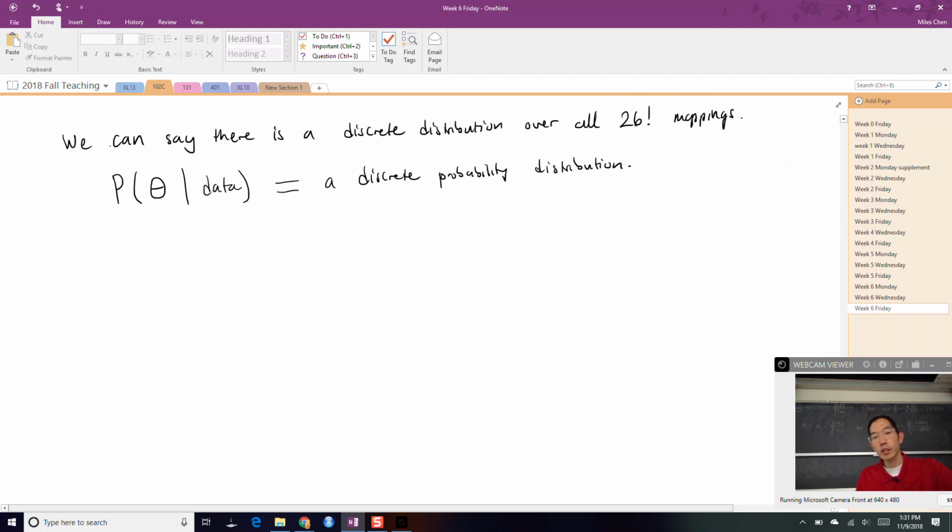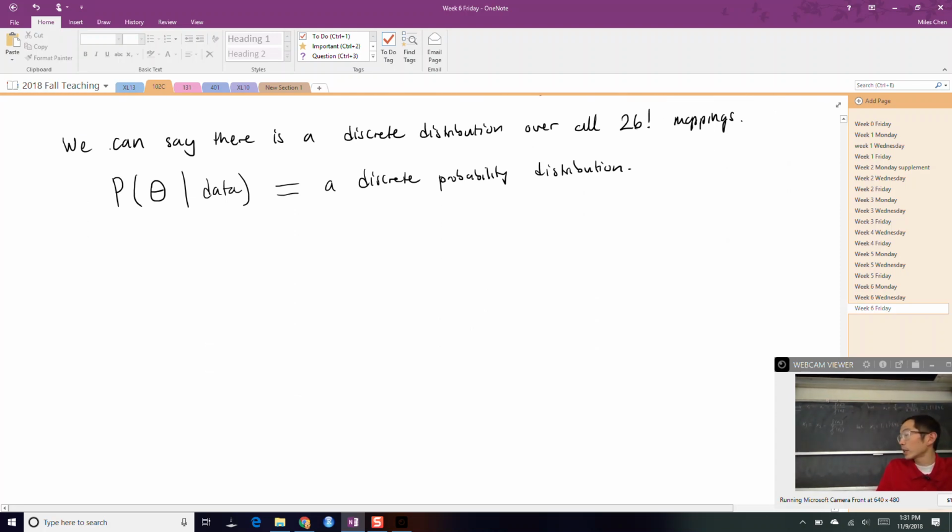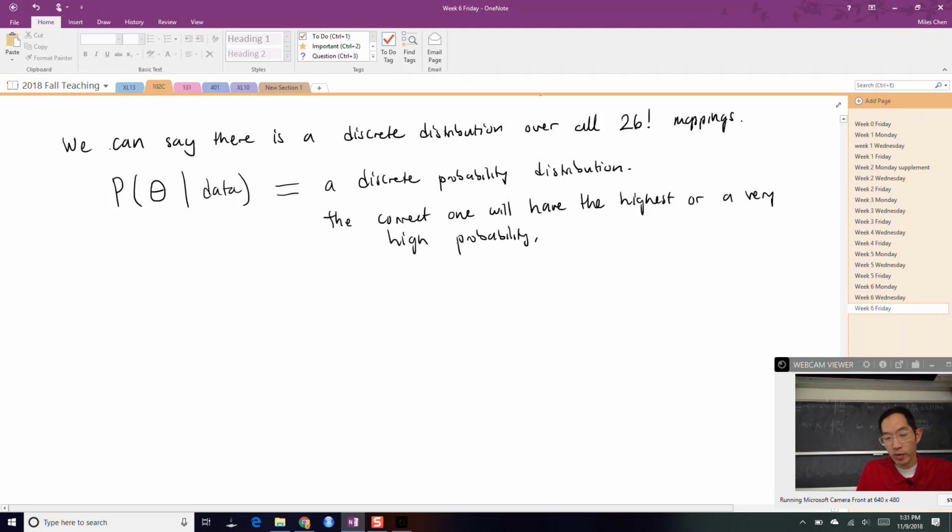And what we expect is that the correct one will have the highest, or at least a very high probability, and the ones that are wrong will have low probabilities, okay?